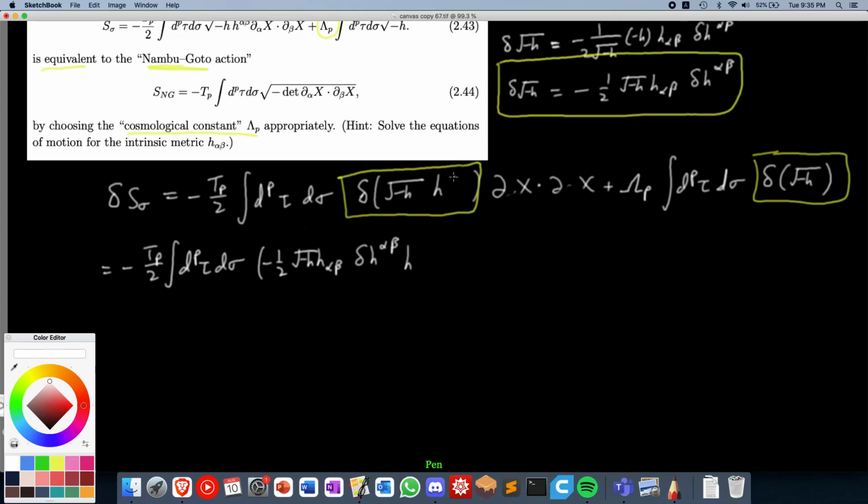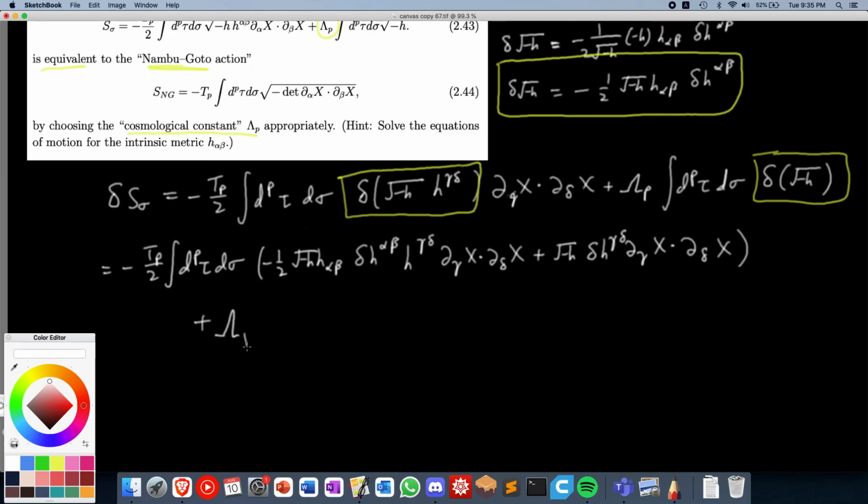I'll relabel them gamma and delta, so just to make sure there's no conflict. And then the product rule, so that will be plus. That is for the first term, and then the second term is just this thing directly.